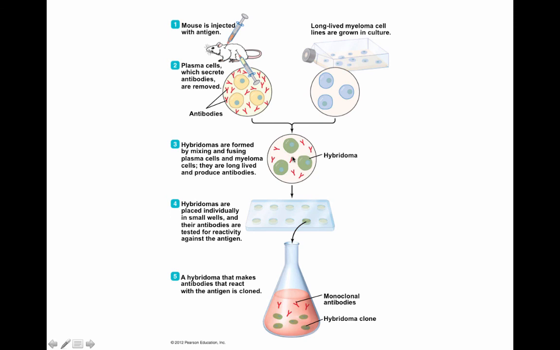And you can grow this hybridoma, this cancerous B cell, in the lab in large amounts in culture, and you can allow it to produce the antibodies to whatever you injected in the mouse. In our case, it was Ebola. Could have been something else, though. And now we've got antibodies we can isolate. And it's not from a host. It's coming in a cleaner way, less chance for contamination, and we can make as many of them as we need.